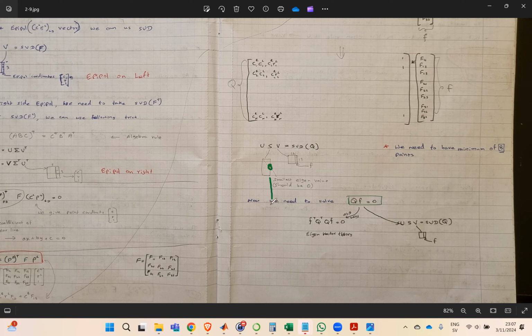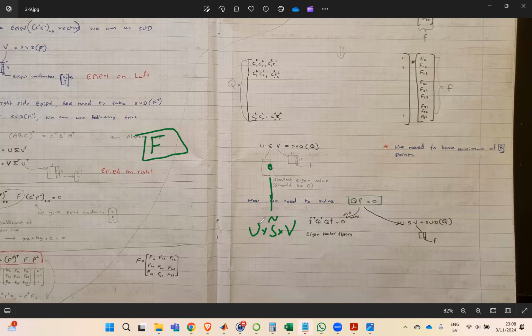Now we have our new S. We call it S tilde, and we have our U and our V. We multiply these matrices together again to construct our new Q. So we take the SVD, and because the theory says the F matrix is not invertible and one of its eigenvalues should be 0, we make it 0 by force.